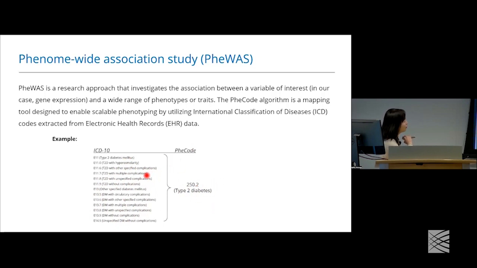So compared to running association studies for each of the individual ICD codes, which essentially represent the same phenotype, running an association of the grouped phenotype will give you better statistical power in TWAS using EHR data.